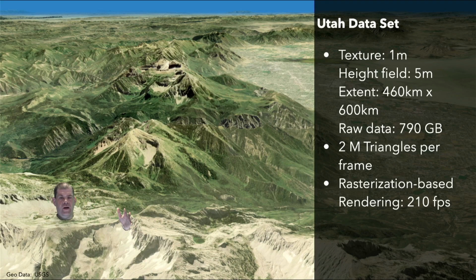Given the hardware that we run this on, which today is probably cell phone level hardware, you can render this at roughly 200 frames per second. So about 400 triangles per second can be processed by this hardware.